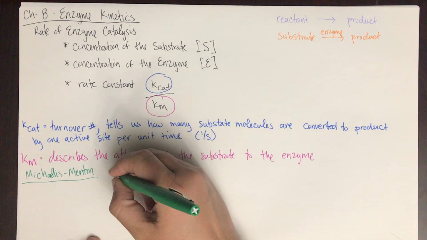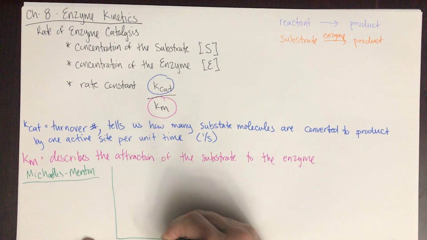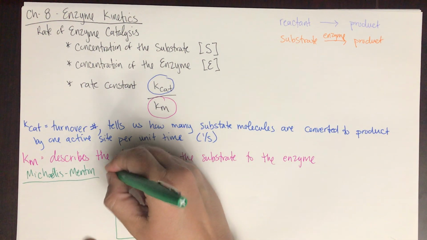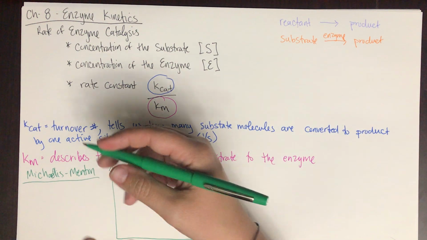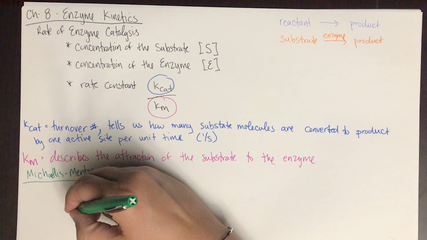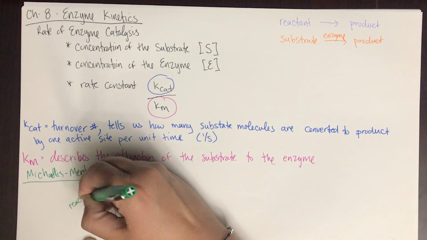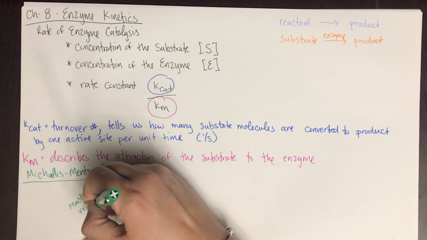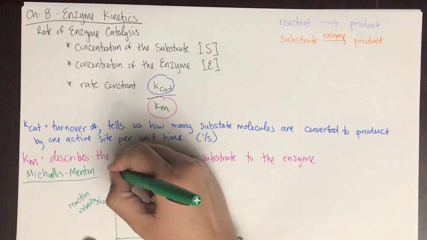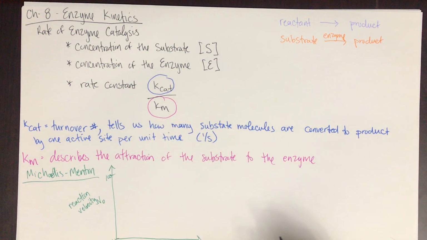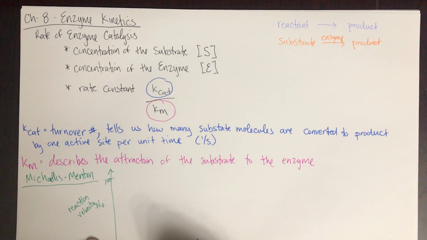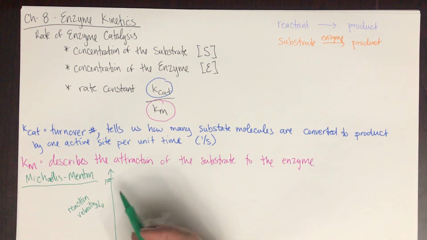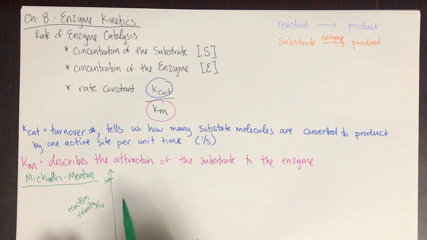So the Michaelis-Menten graph, it plots the reaction velocity, which sometimes we call the V naught, from 0 to 100 against the substrate concentration. And this maxes out at 100% reaction velocity.